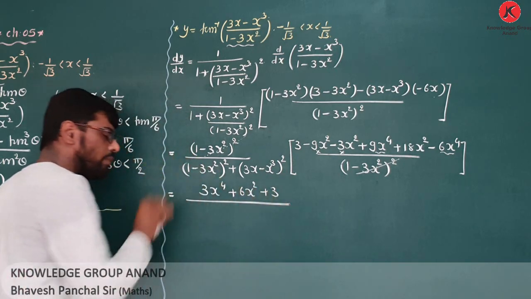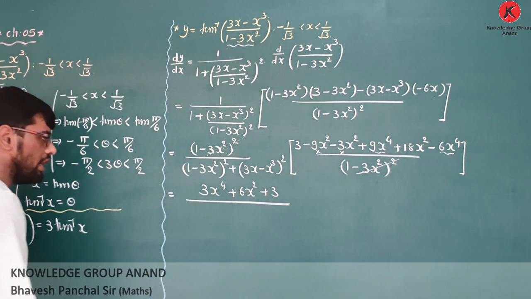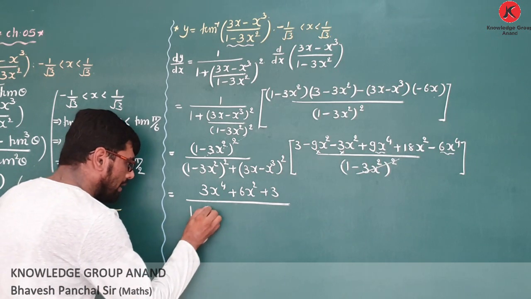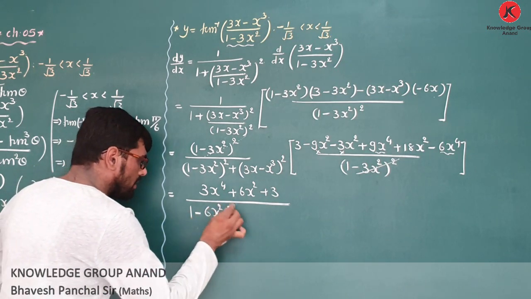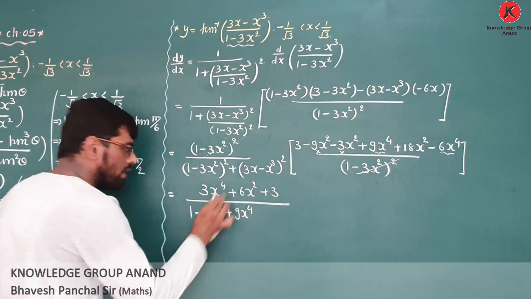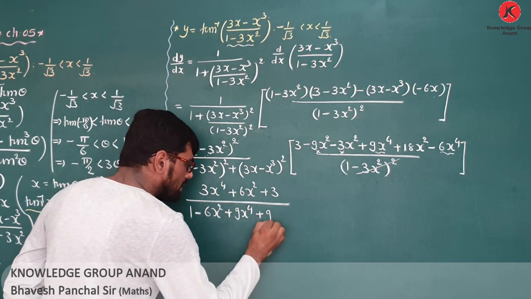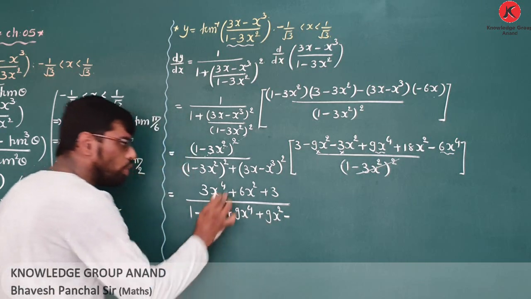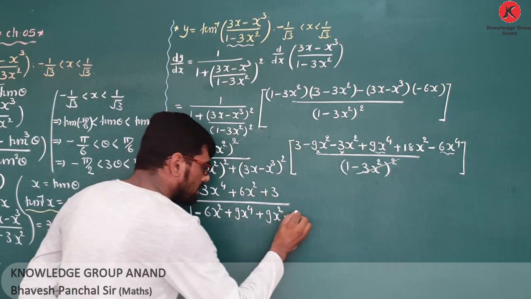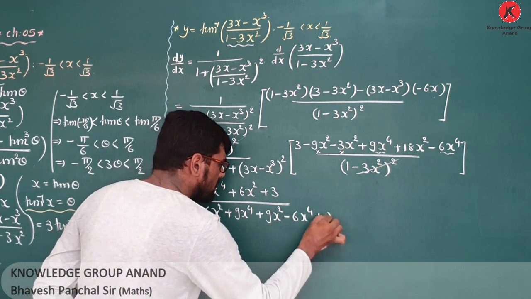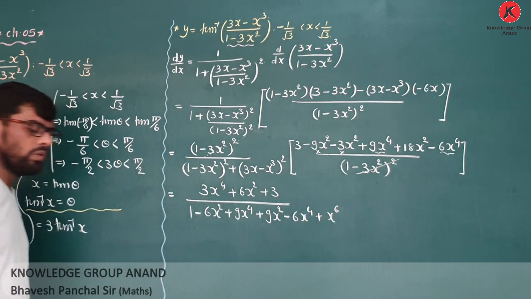Now we open this bracket, that means expansion in denominator, that is 1 minus 6x square plus last term is 9x raised to 4. Same here, expansion, that is a square means 9x square, middle term 2ab means 6x raised to 4, and last term is now x raised to 6, okay.